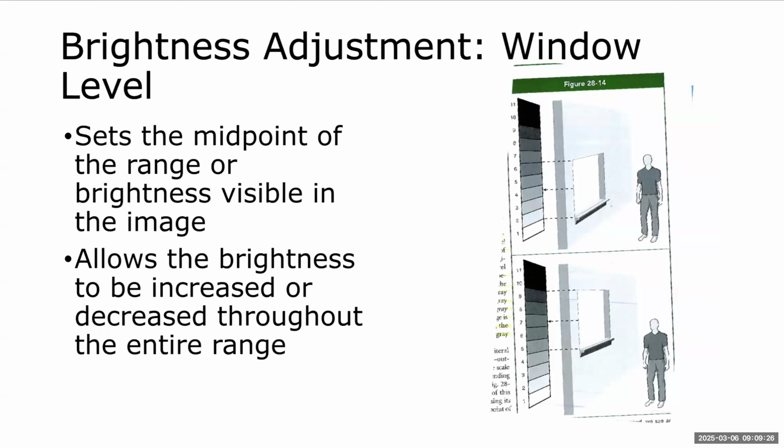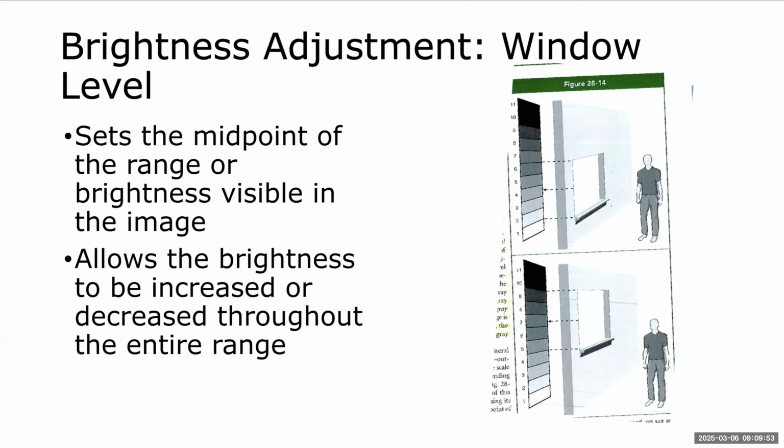Brightness, you do that by adjusting the window level. It's setting the midpoint of the range of brightness that's visible in the image. It changes the brightness throughout the entire image by the same amount. Whereas contrast is changing things where there are differences, because that's what contrast is, brightness is changed the same amount throughout.